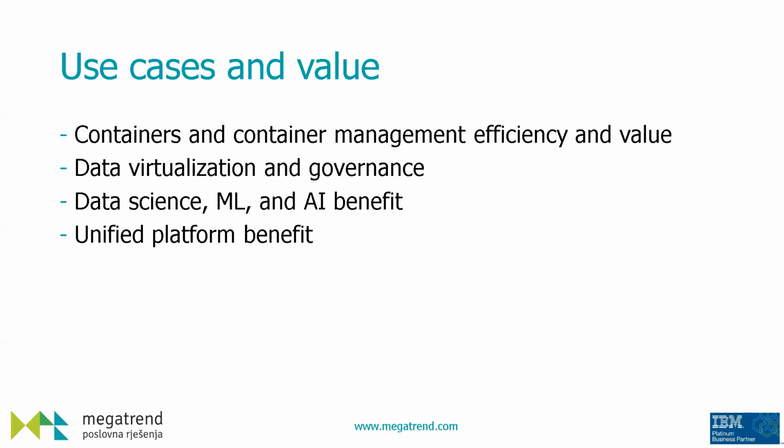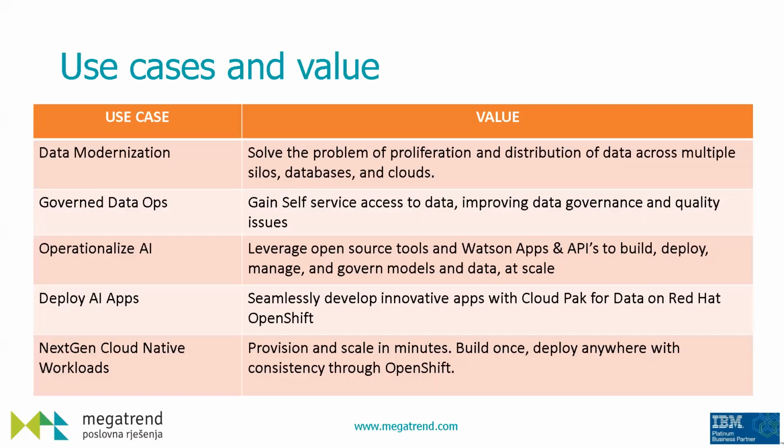They can automate their process, and artificial intelligence can automate it for them. It can recognize some links between the data itself, etc. And of course, the main benefit also is the unified platform. So everything is under one roof, under one umbrella, and you don't need to have multiple environments when talking about IBM Cloud Pak for Data.